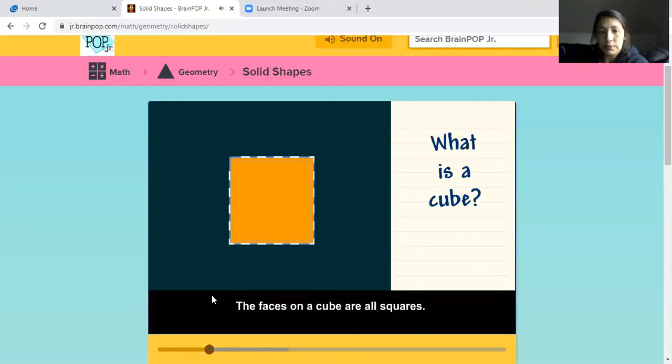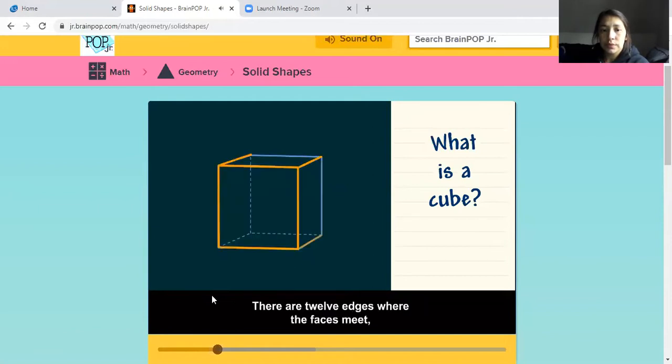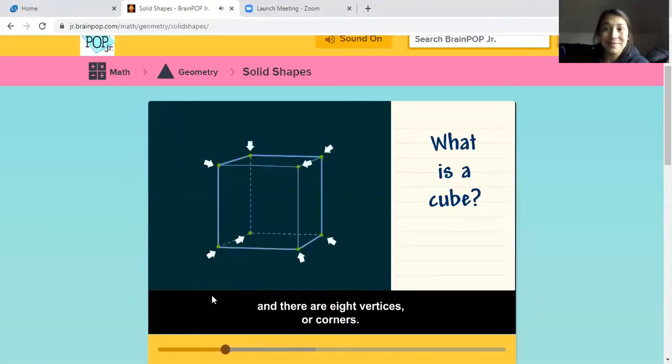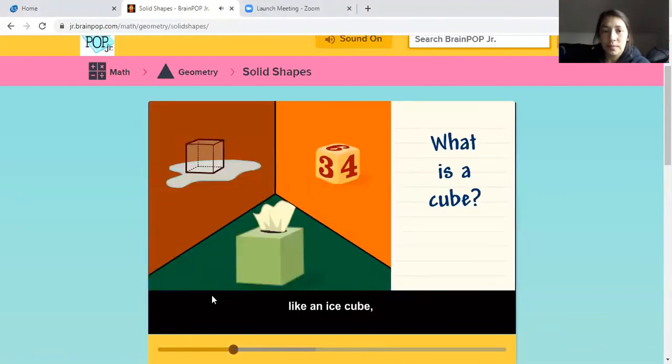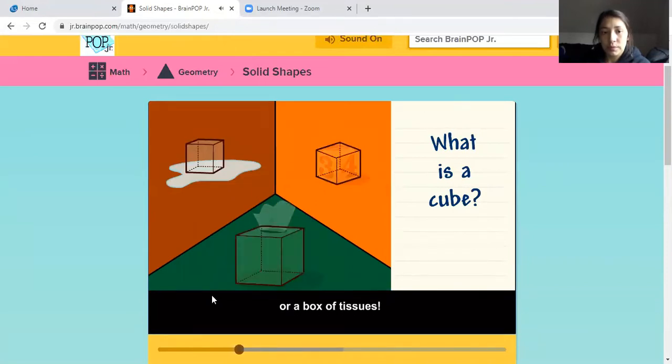The faces on a cube are all squares. There are 12 edges where the faces meet, and there are 8 vertices or corners. Plenty of things are shaped like cubes, like an ice cube, a number cube, or a box of tissues.